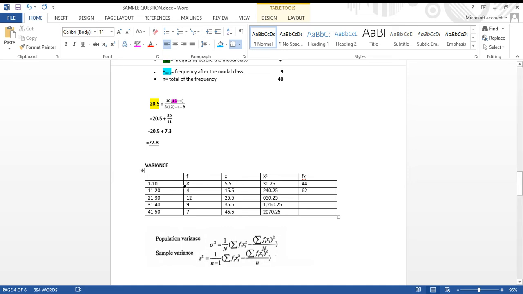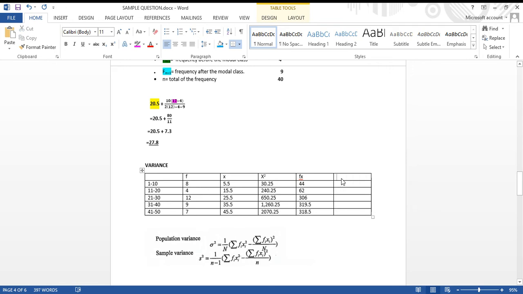We're multiplying our frequencies with our midpoints. 12 times 25.5 is 306. 9 times 35.5 is 319.5. And finally 7 times 45.5 is 318.5.